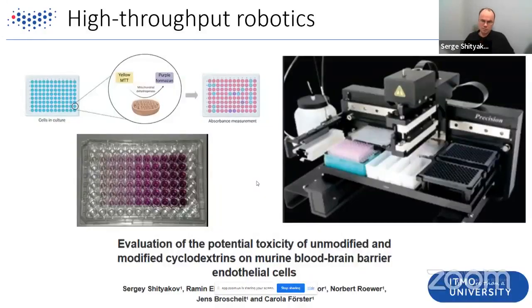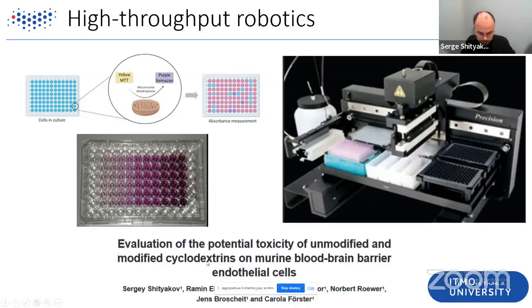The other robotic facility is probably important for evaluating the toxicity of substances. Here is the platform for in vitro toxicity. You can order it, and the toxicity platform is very useful when you would like to apply toxicity tests, like the MTT test, where you have MTT conversion to a purple formazan, and by the color change you can say whether the molecules are toxic or not.